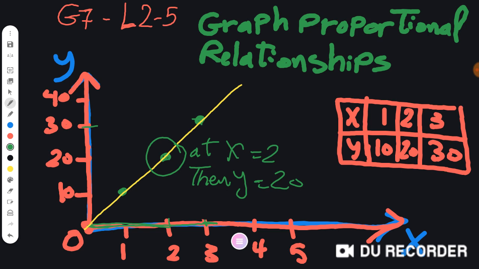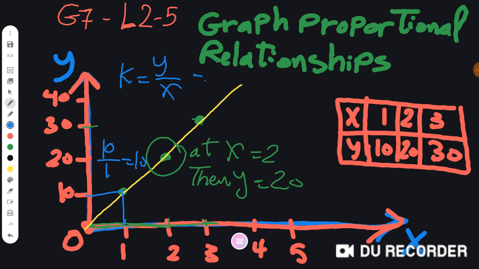Actually, from the graph you can find the constant. How? The constant k equals y over x. Take any point, maybe y equals 10 at x equals 1, so it's 10 over 1, which equals 10.